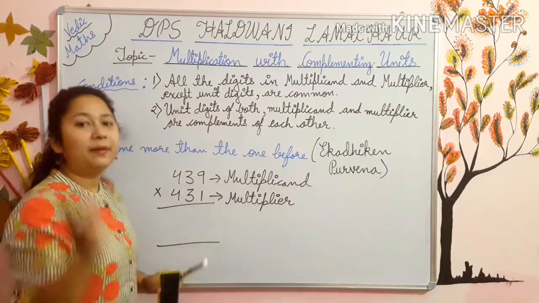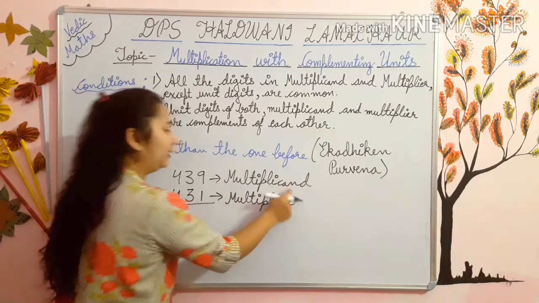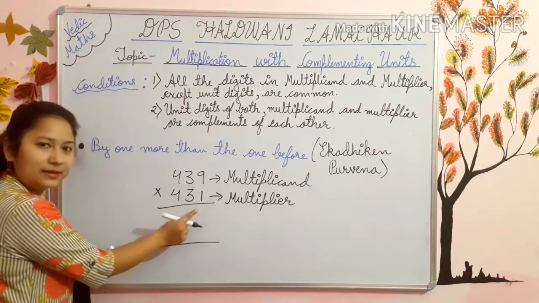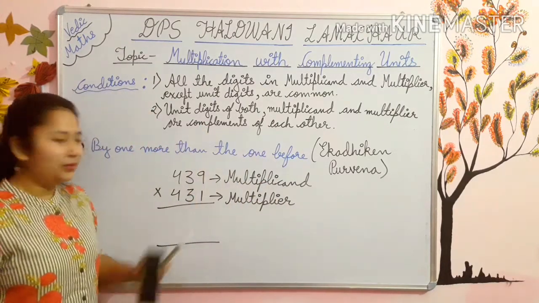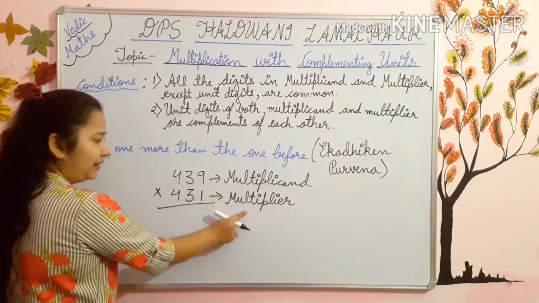The number which gets multiplied, the upper one, is called the multiplicand, and the number which multiplies, the down one, is the multiplier. I hope students you remember this.